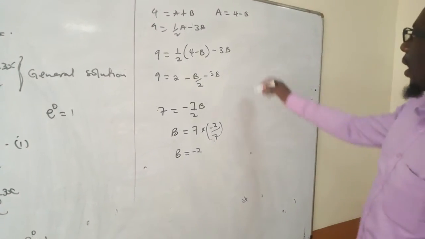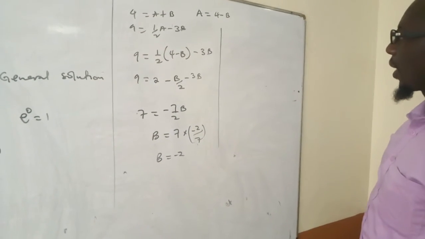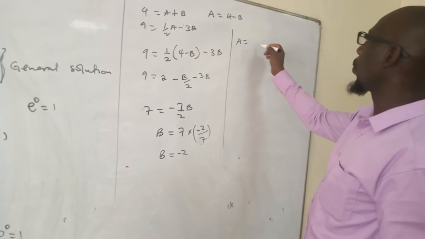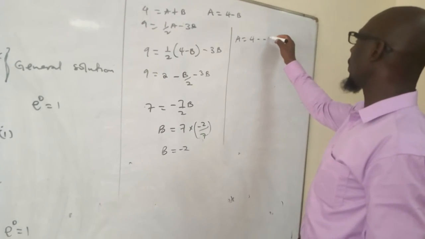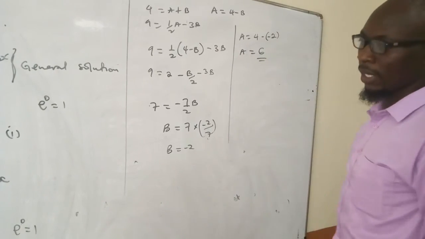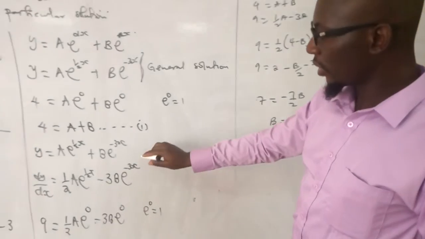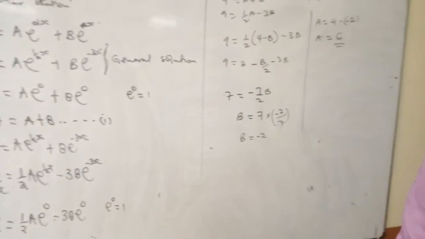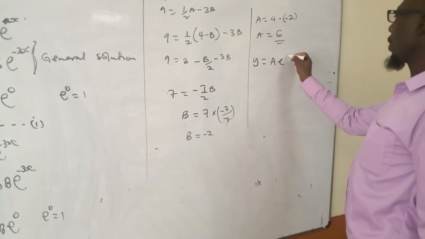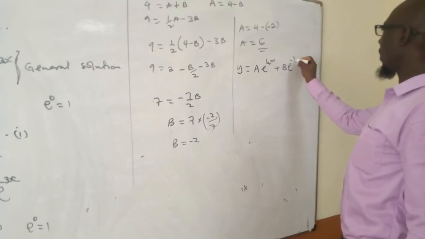If you get the value of b to be negative 2, we can as well get the value of a. That is a is equal to 4 minus b, that is 4 minus negative 2, giving us a is equal to 6. So if you have the value of a and b, you can replace in the general solution to get the particular solution. The general solution was y is equal to a exponential of a half x plus b exponential of negative 3x.